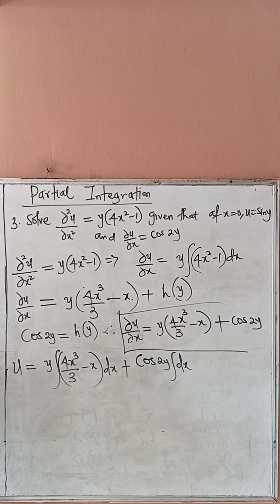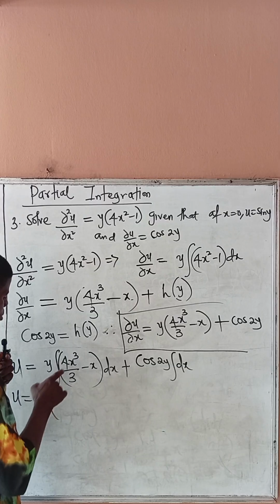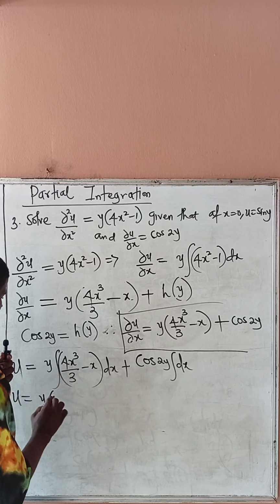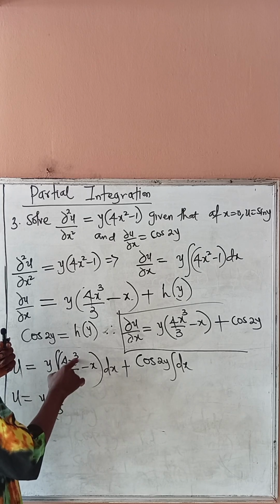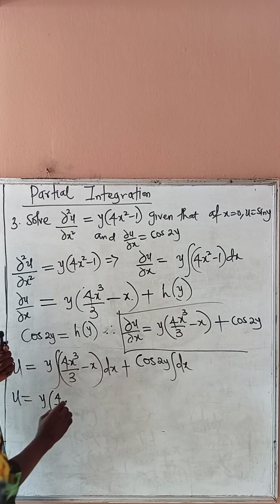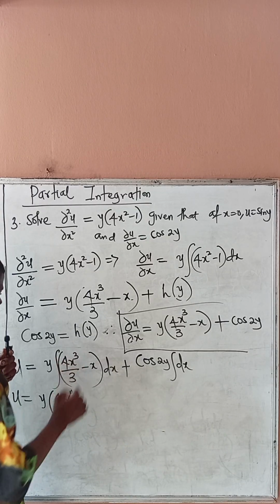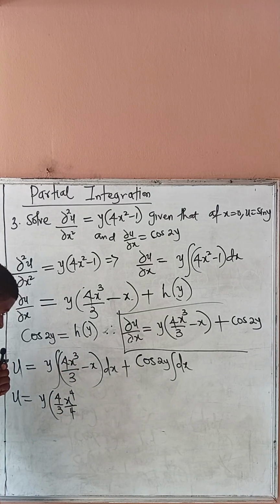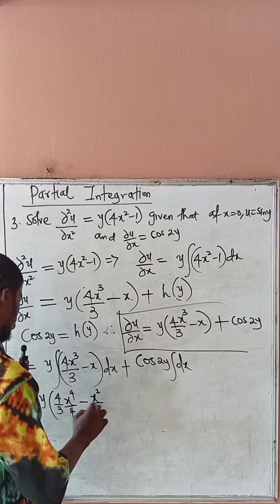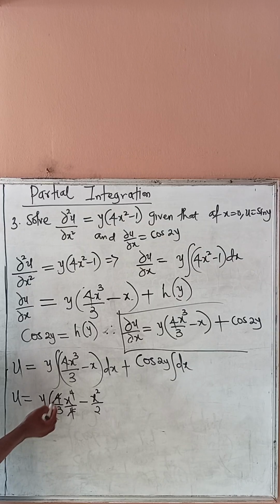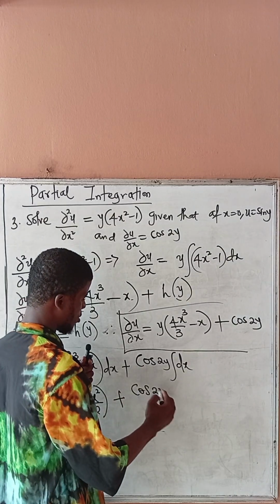Simple. So this is u equals y into, if I integrate this, I already have 4 over 3 before. So integrating x cubed with respect to x is x to the power of 4. Add 1 to it, 4. Then divide by that 4. You get it? Minus x, this will be x squared over 2. So that 4 can actually cancel 4. Cos 2y is a constant, leave it outside.